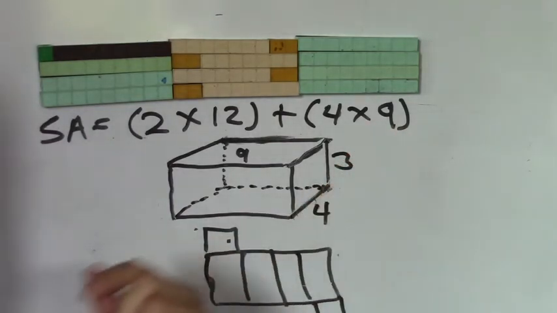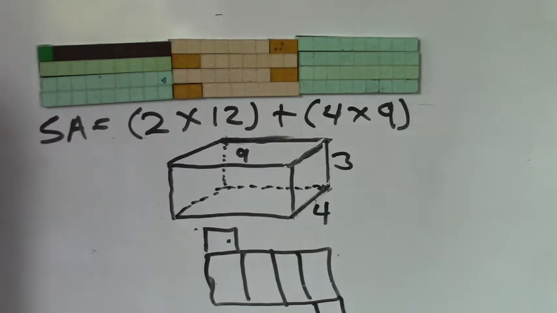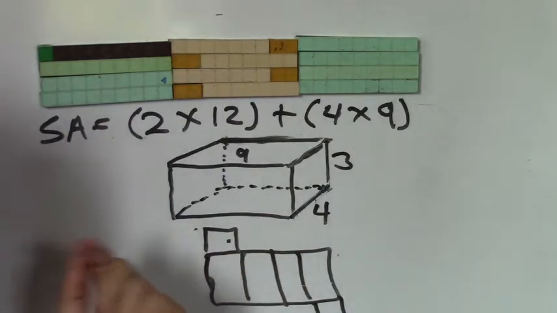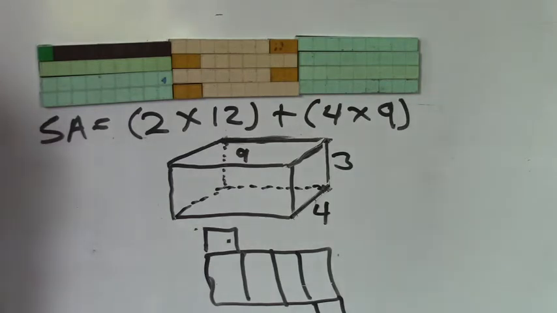How many of these do I have? 4 times 9 is 36. So that's 36 one time, 2 times, 3 times, 4 times, right? Now yours, wait a minute, you don't have 4 because you're only 3 high.